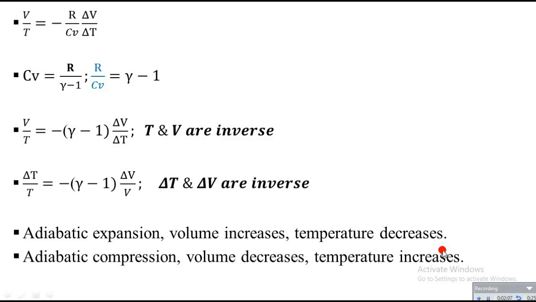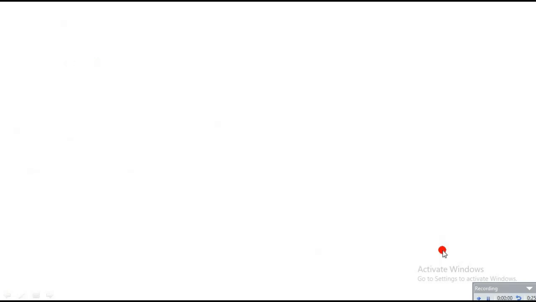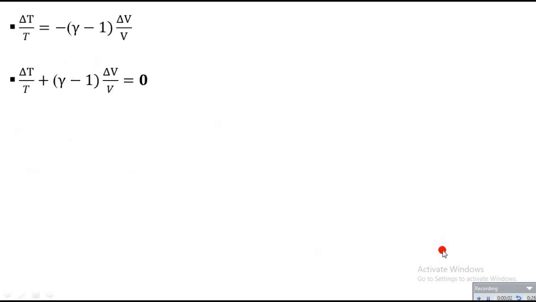So after rearranging, then we need to integrate to find the equation to calculate the final temperature. So we have dT over T plus gamma minus 1 dV over V is equal to 0. Then we can integrate the equation on both sides.